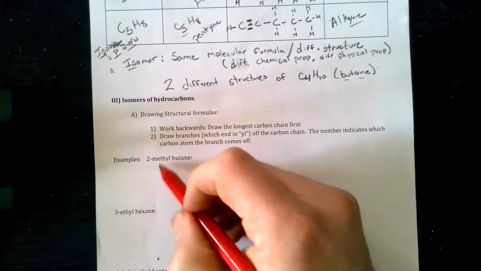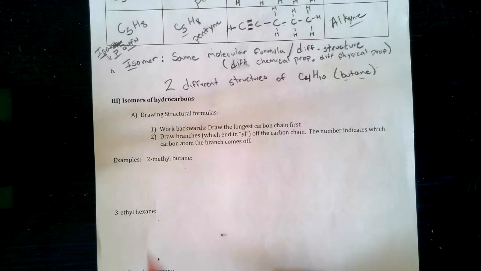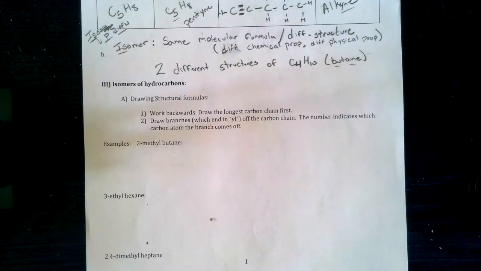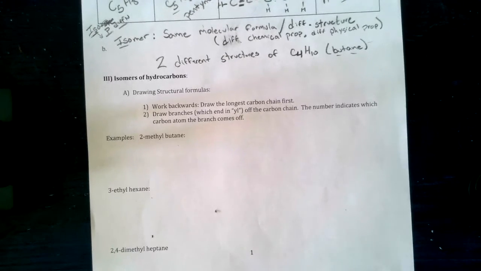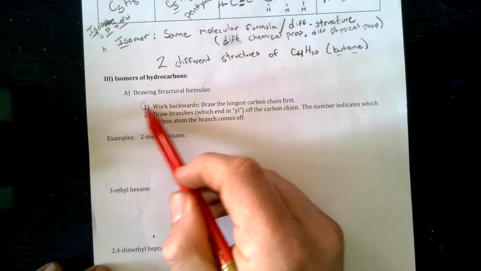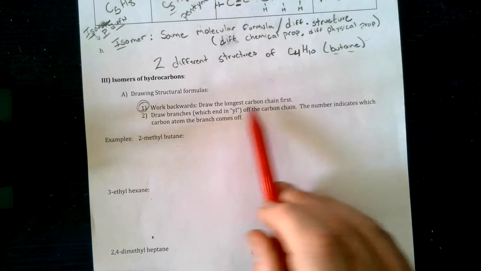So on your sheet, you have 3 examples that I'm going to walk you through. They are called 2-methylbutane, 3-ethylhexane, and 2,4-dimethylheptane. It sounds like a lot, and it isn't. It'll be easy once you get a hold of it. But my first thing, the way I always teach this, is to work backwards. We draw the longest carbon chain.